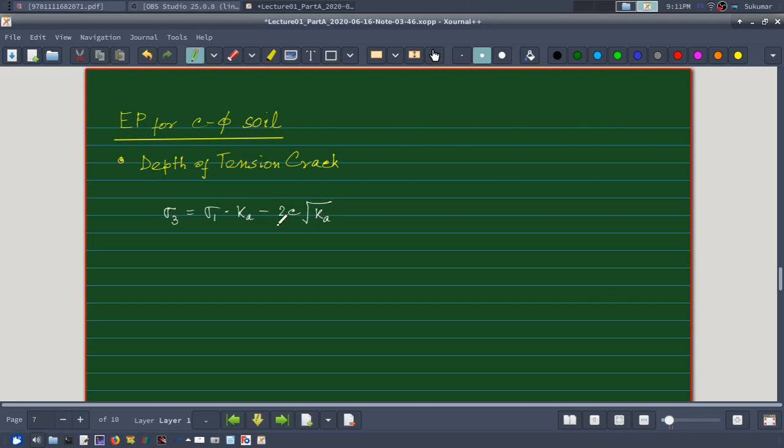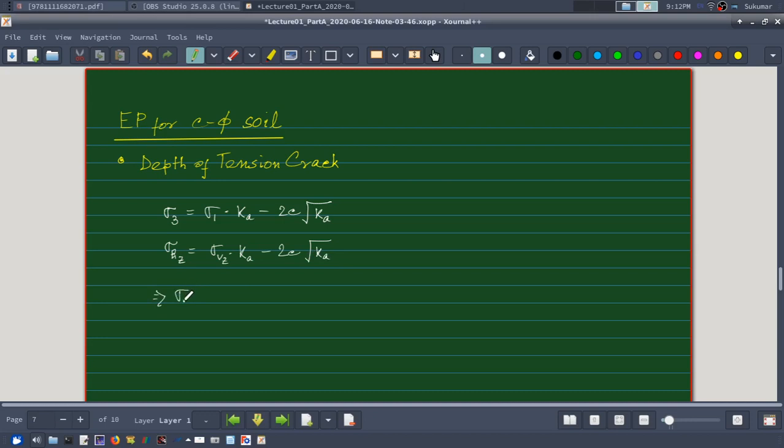This we got from the failure circle in case of Rankine's active case, and therefore at any depth z my horizontal stress sigma h at z will be how much? Sigma v at z into Ka. You remember what is Ka? Minus twice C into root over Ka.